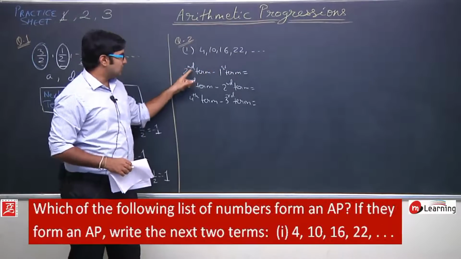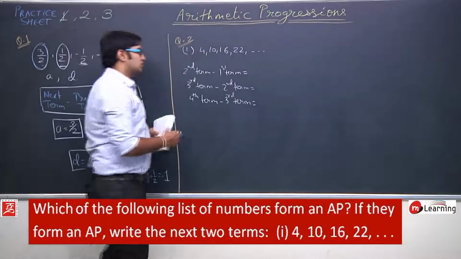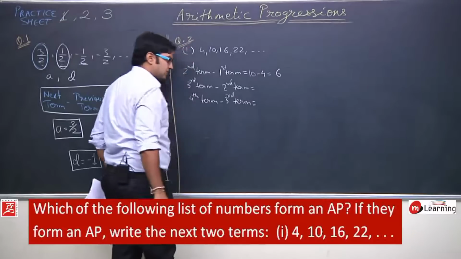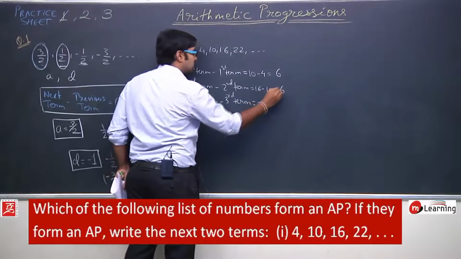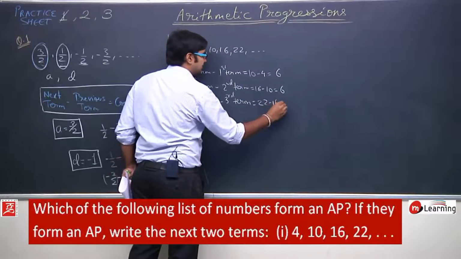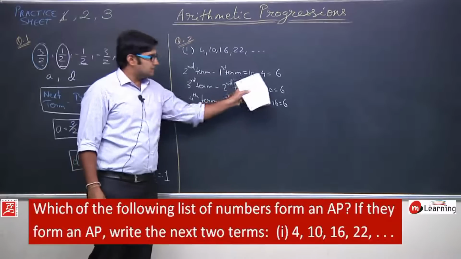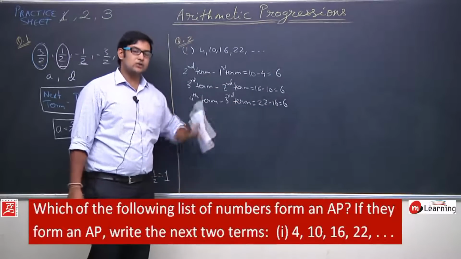So now let us check second term minus first term. Second term is 10, first term is 4. So 10 minus 4 will give you 6. Third term is 16, second term is 10, this will give you 6. Fourth term is 22 and third term is 16, this will again give you 6. So what you can see is that the difference of two consecutive terms is a constant, which is equal to 6.